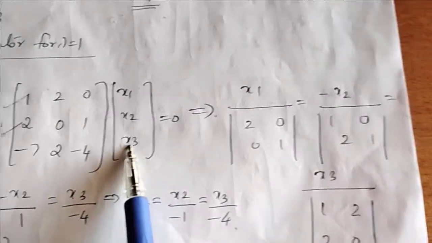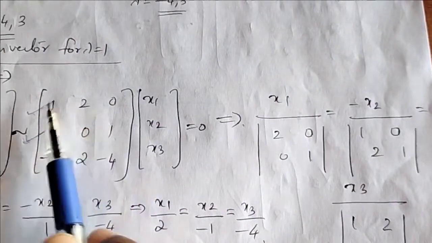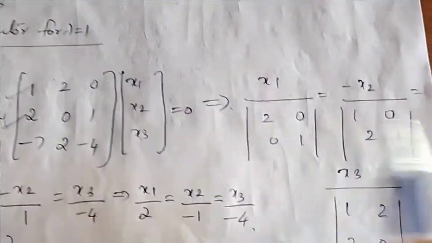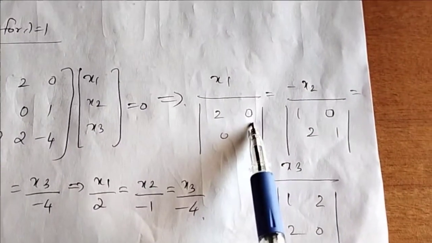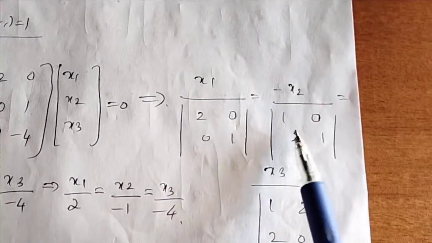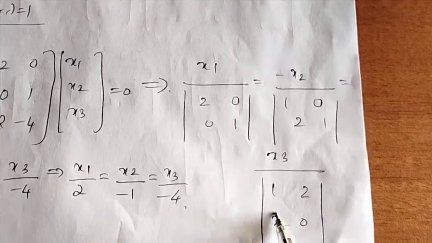Then x3 by the third one, deleting the third column: 1, 2, 2, 0. Okay, x1 by second and third columns, x2 by first and third, then x3 by first and second.